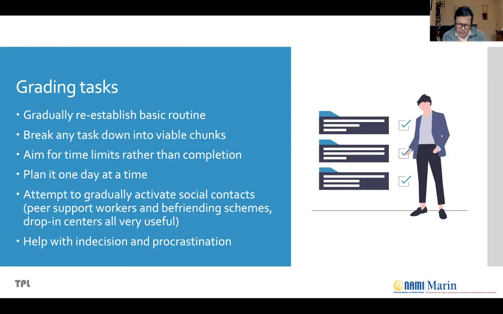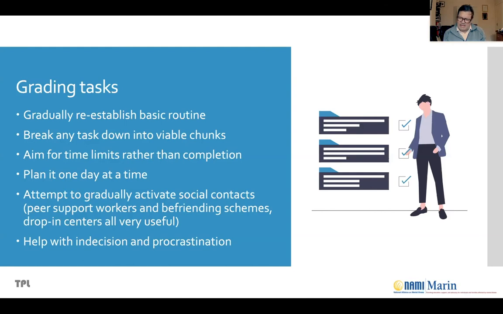Some places have befriending schemes where a befriender would just come in and sit and chat for a bit and maybe eventually start to go out to the cinema and things. But befriending schemes are thin on the ground. It's quite difficult to find them. Someday they might say, today I'm going to go down to the drop-in and see who's down there. I'll come back after 5 minutes, just see how it is.